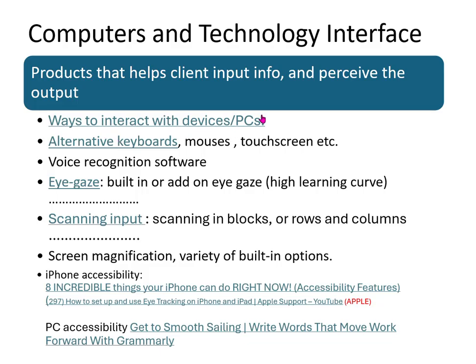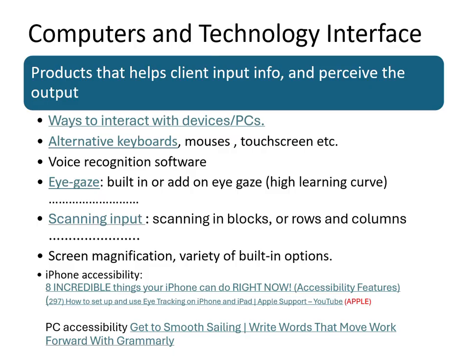Now, how does a client who does not have range of motion or dexterity, or does not have voice output, or the right coordination, or enough vision, interact or input information into the system? This is what this category of technology covers.